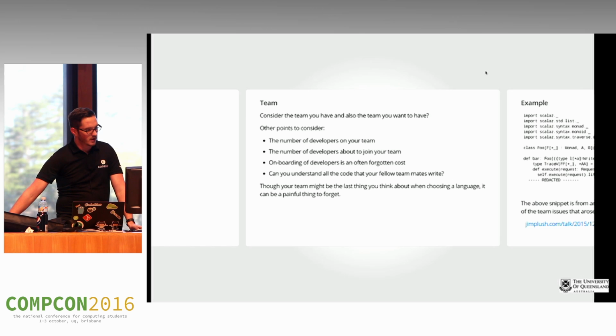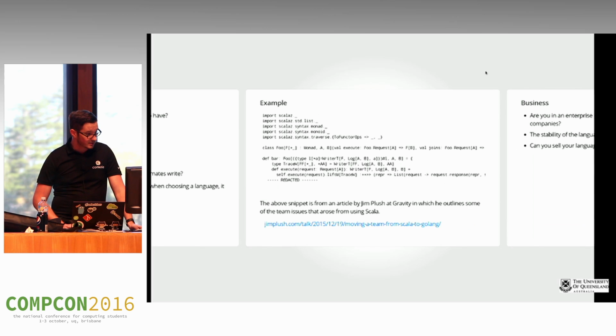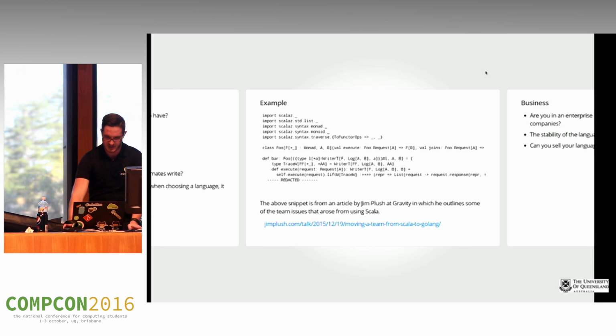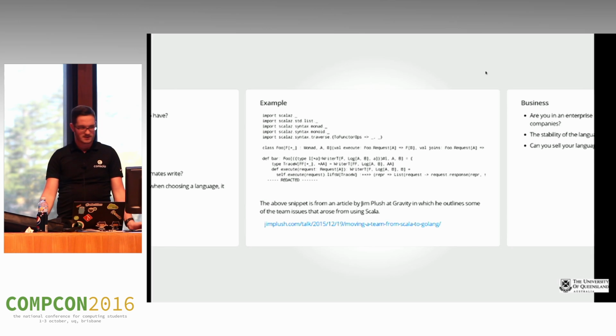A great example is an article by Jim Plush at Gravity. They do recommendation as a service, I believe, and they were using Scala. They found that they had two groups within their organization.